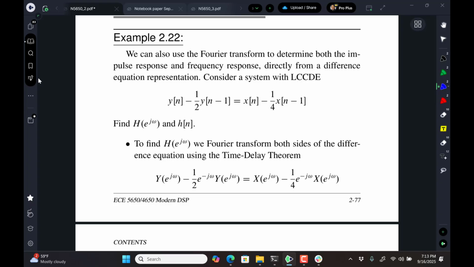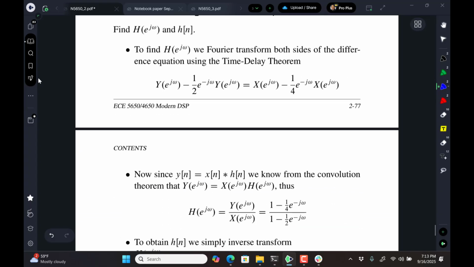As soon as you get this set up, then you jump into the convolution theorem, which says Y of e to the j omega, we know, is just X of e to the j omega times H of e to the j omega. So we factor the Y of e to the j omega out on the left-hand side, and the X of e to the j omega is out on the right-hand side.